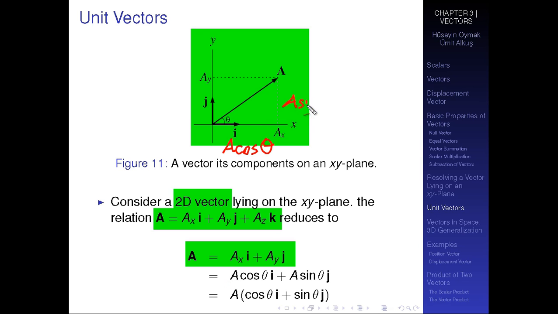Remember that Ax equals A times cosine theta and Ay equals A times sine theta.